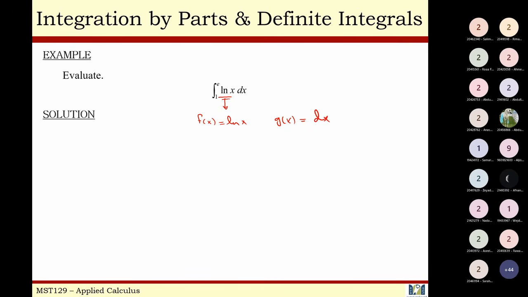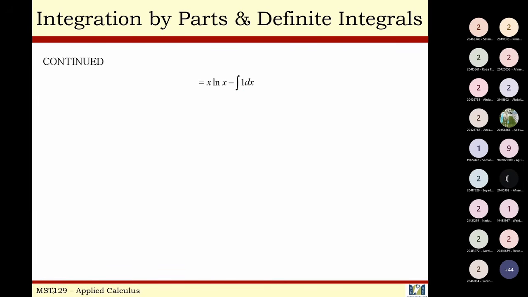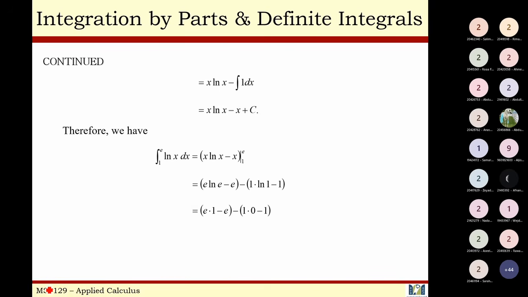Okay, we already found it, and this is equal to 1. After substitution, this is wrong, not 0, 1. Okay. Any question? Any question about the techniques of integration?